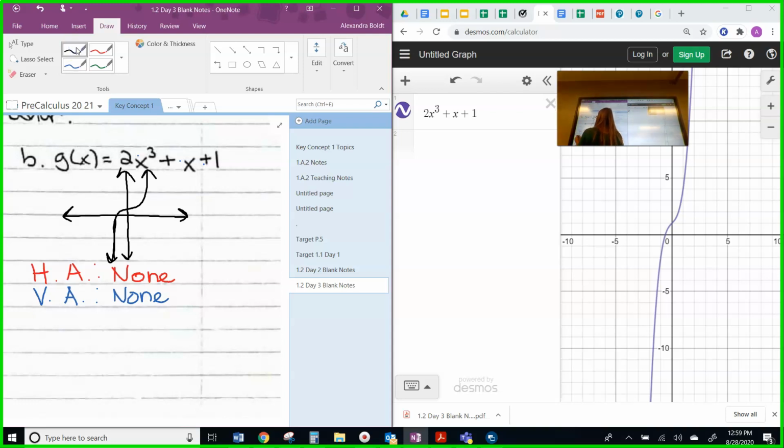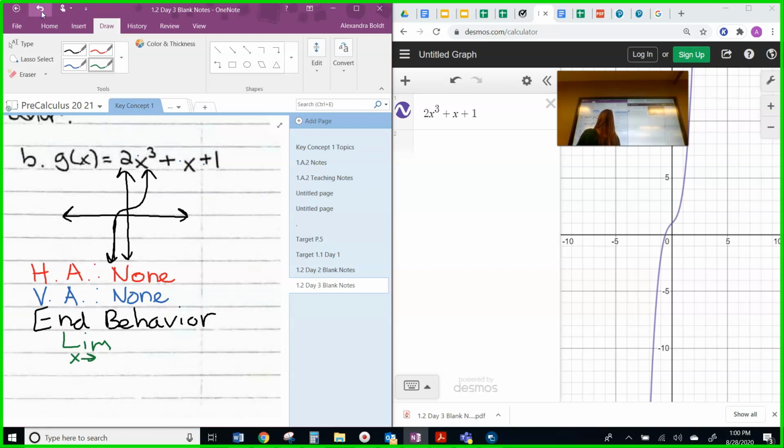Okay? So let's look at our end behavior. The limit as x approaches negative infinity of f of x equals.